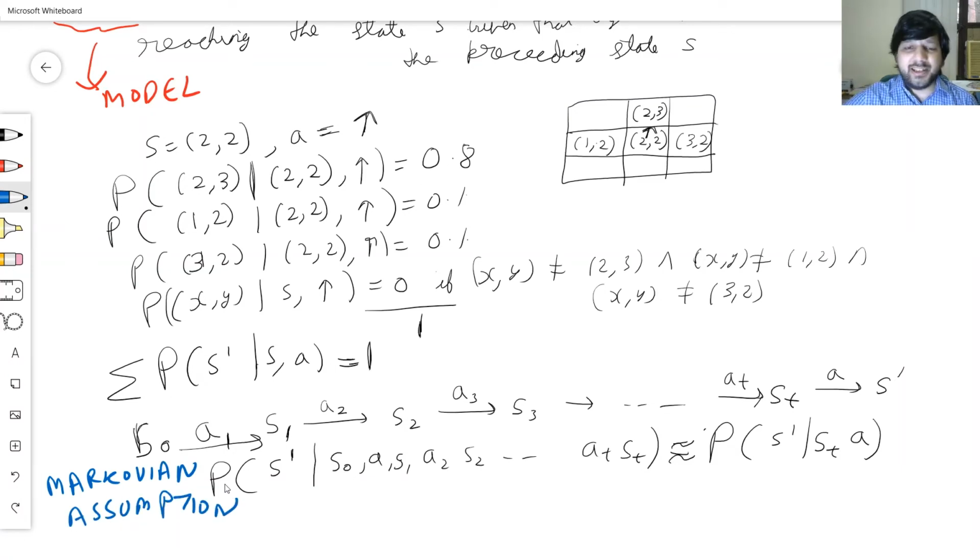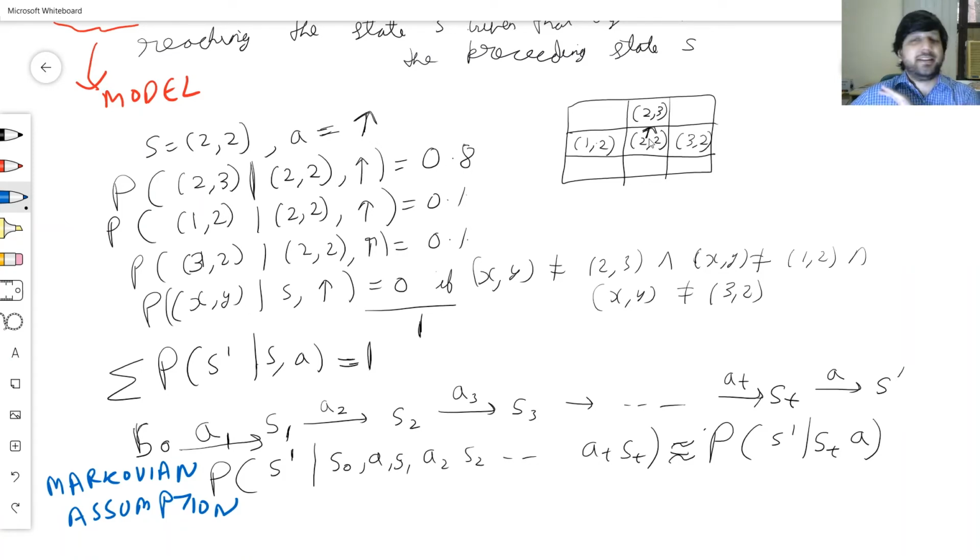So the Markovian assumption says that the probability of reaching here from here only depends upon from where did I go and which action did I apply. It does not depend upon how did I come here. It only depends upon my current state and my current action. It does not depend upon the history.